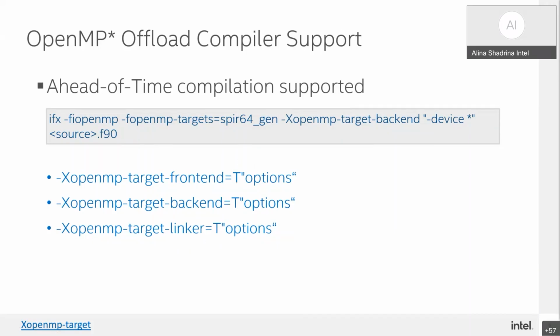For ahead of time compilation, we need -Xopenmp-target-backend, and we pass a device option. In this specific syntax, it means that you are going to target all available devices, I mean, all available GPU devices. If you are going to target a specific device, then you need to pass a short name for it. For example, gen9.